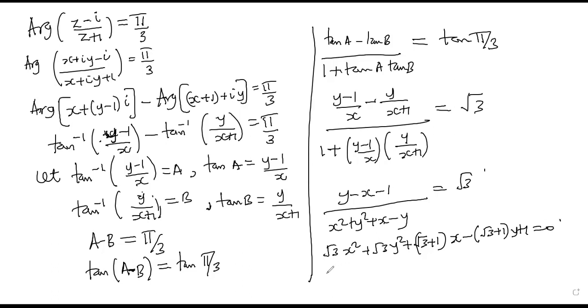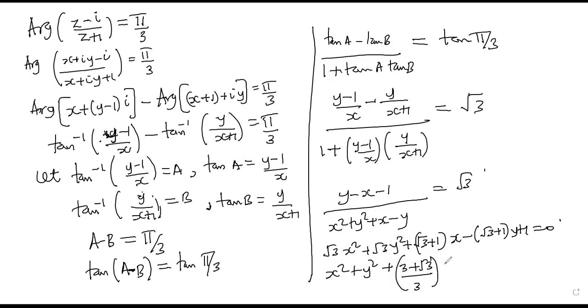So when you divide through by root 3, you're going to have x squared plus y squared plus (3 plus root 3) out of 3, because I'm dividing by root 3, but then you have to rationalize.